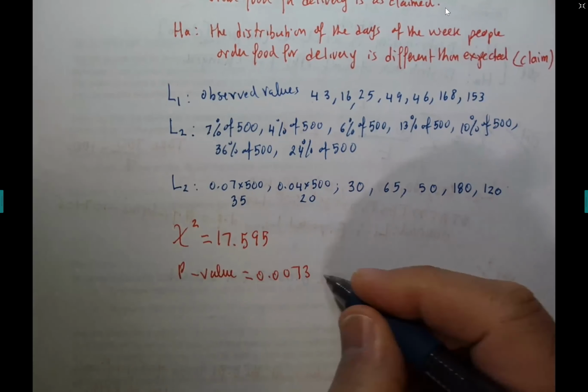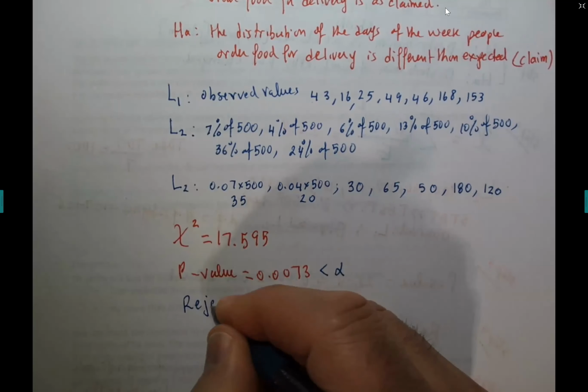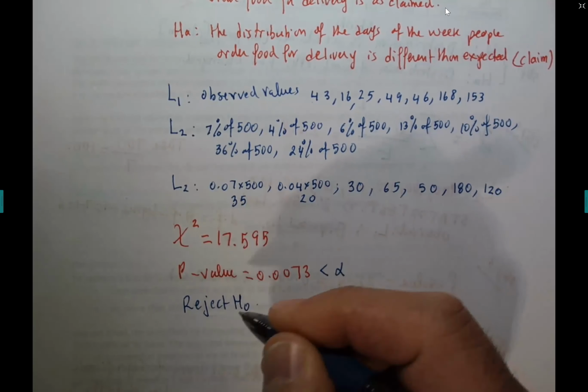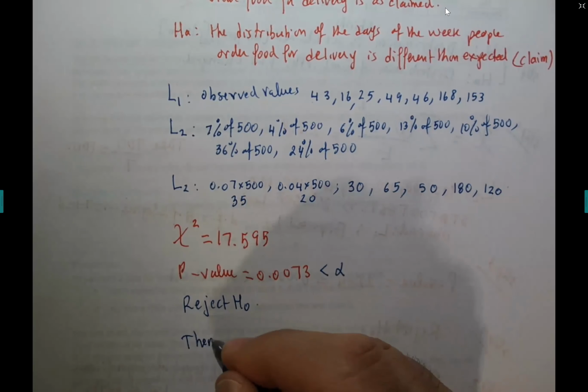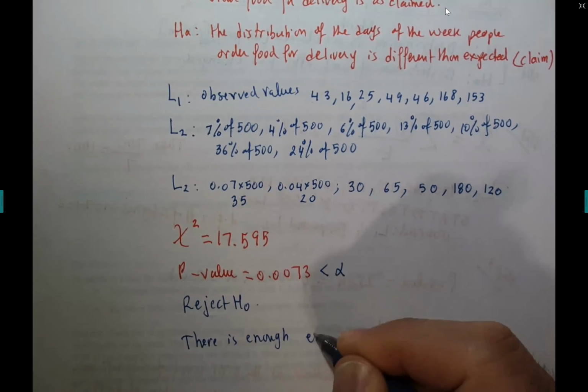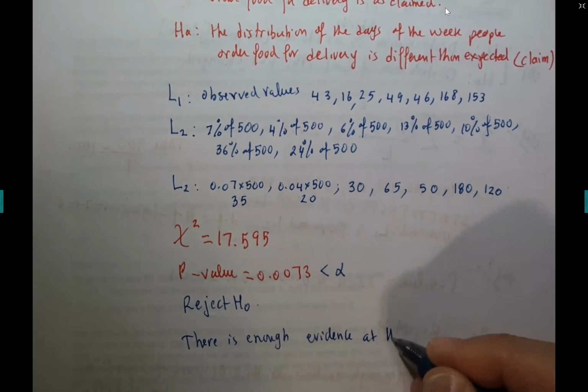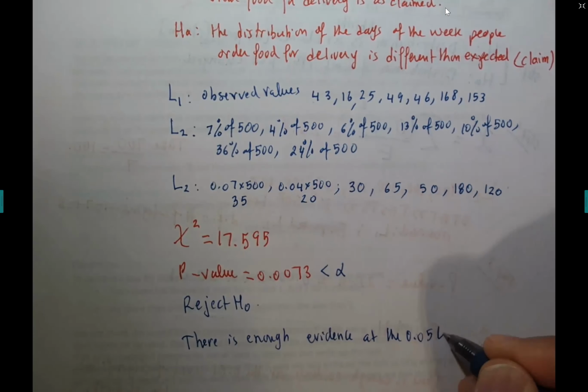P-value, guys, is less than alpha. We reject H0. And you state there is enough evidence at the 0.05 level of significance.